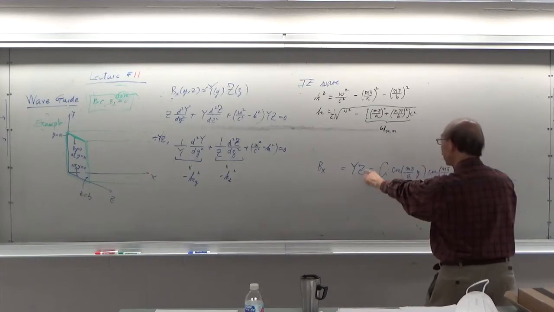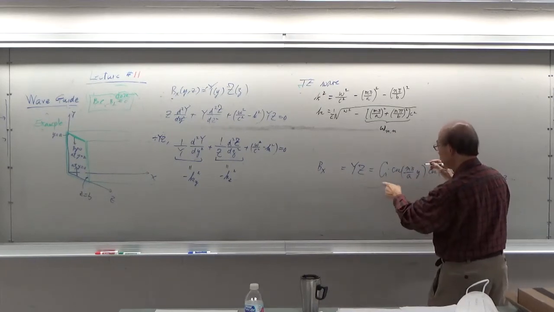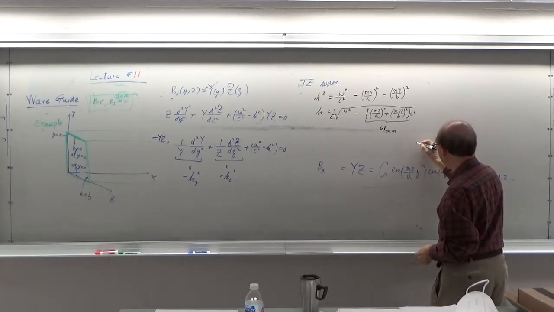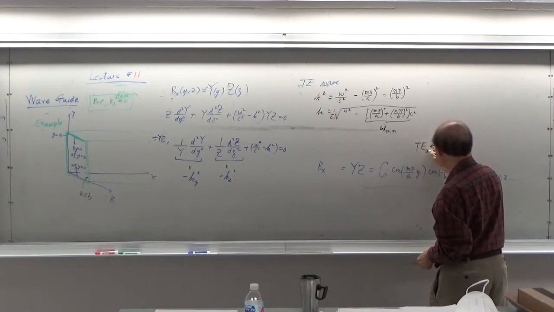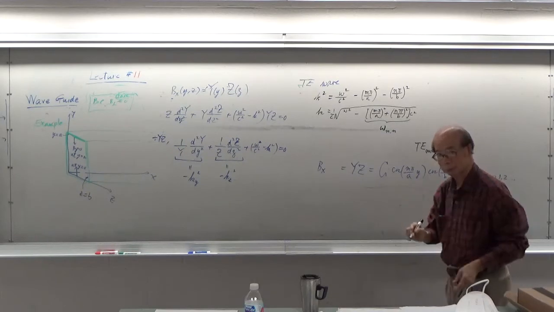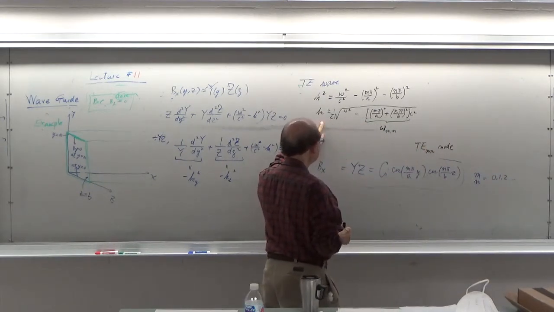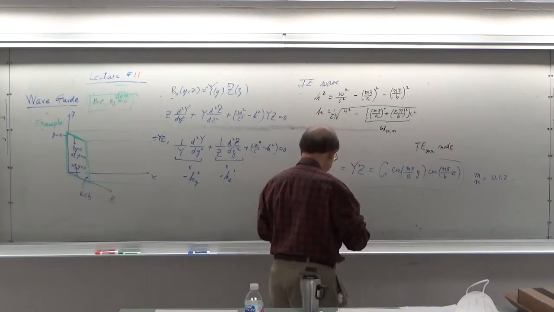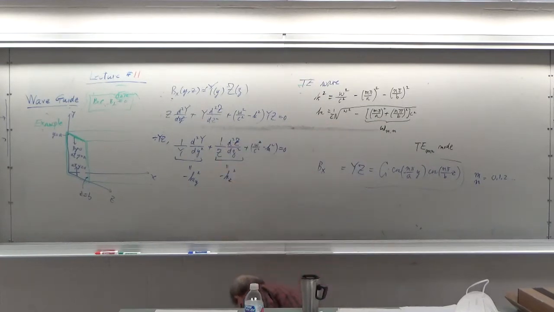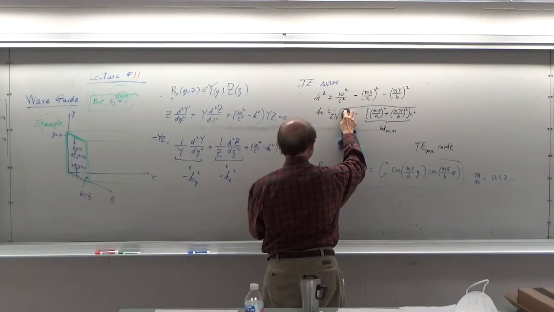When we have solved for Bx of this form, we said that we are talking about the TE mn mode of the wave, with the wave number being related to the frequency omega like this.